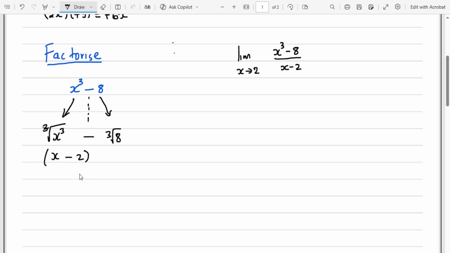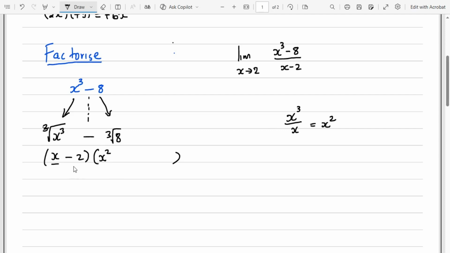Okay, so this is what I have now. And what's next? We take the x to the power 3, we divide that by that x. Okay, and the answer that you get, you're going to write it down here. So this will be x squared.